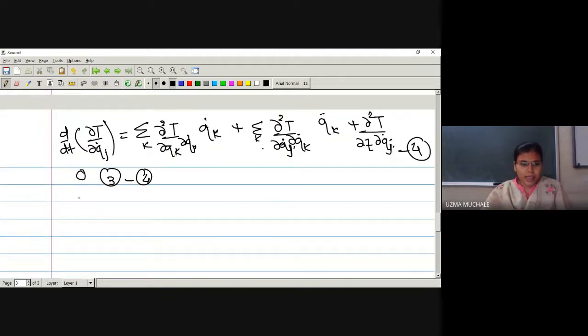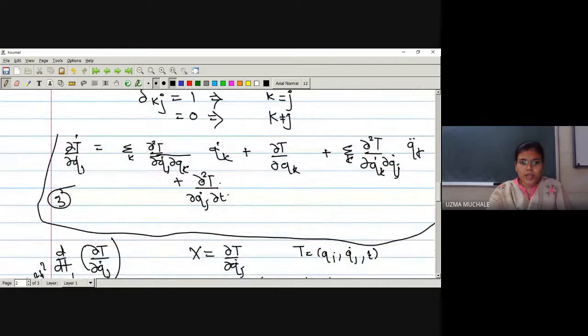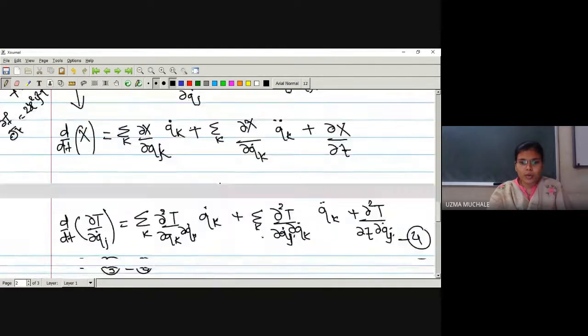So we can write it as dou T dot by dou qj dot minus d by dt of dou T by dou qj dot is equal to, what is the extra term remaining here is only the term from equation 3, the second term, dou T by dou qk.